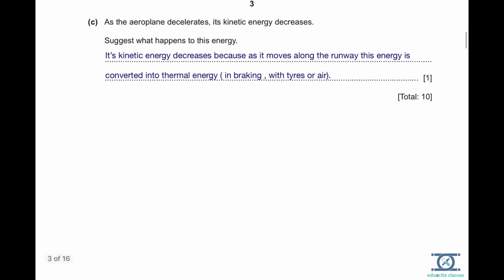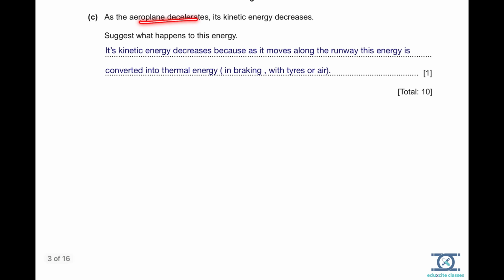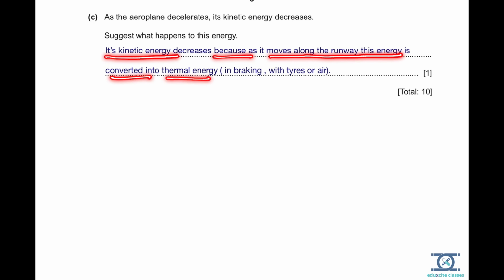In the last part, C, as the aeroplane decelerates, its kinetic energy decreases. Suggest why this happens, and what happens to this energy. The kinetic energy decreases as it moves along the runway because this energy is converted into thermal energy while braking, when the tyres come in contact with the runway, and also with the air particles.